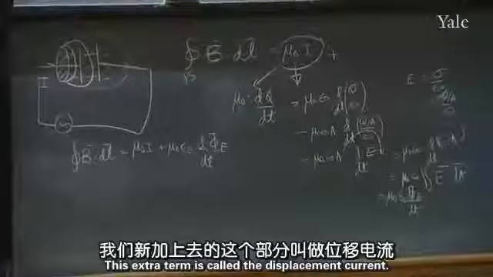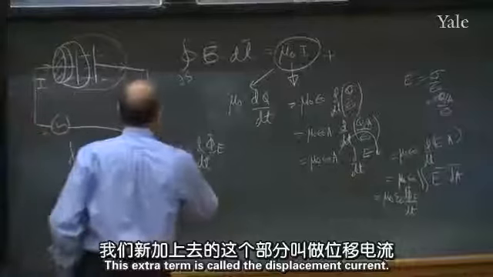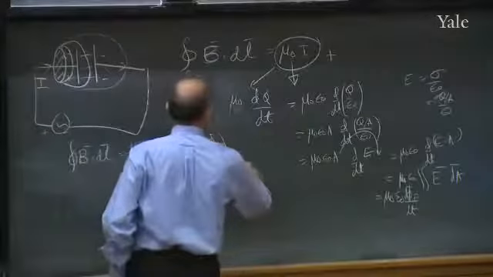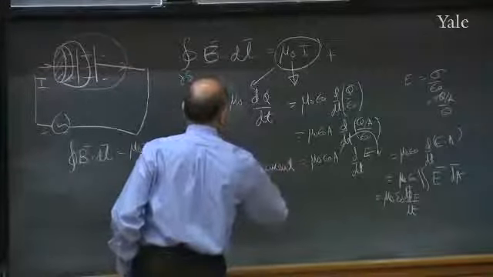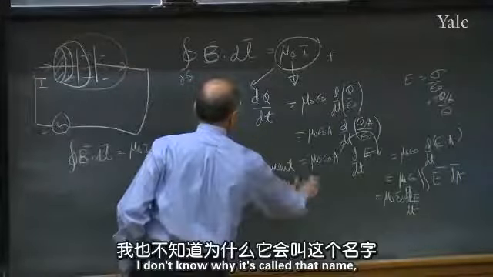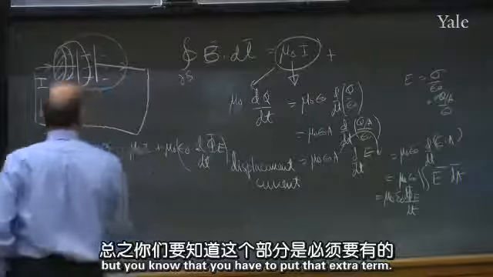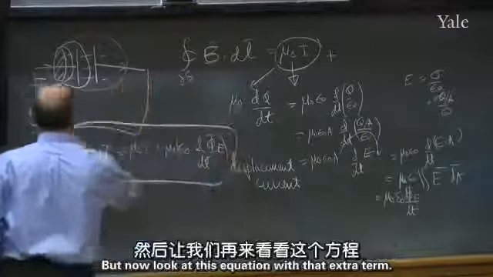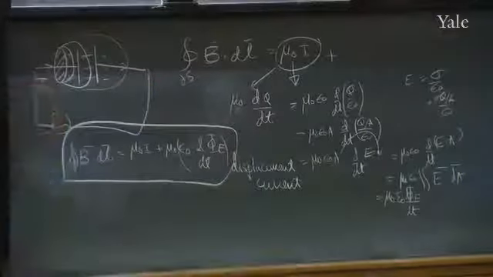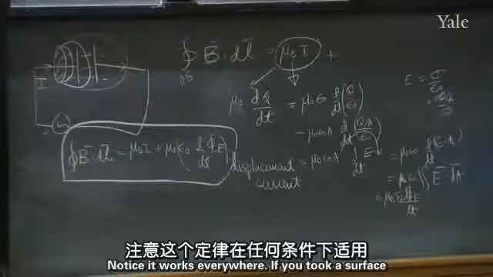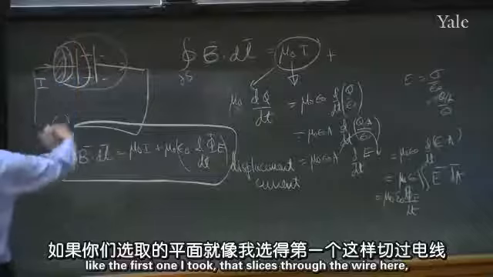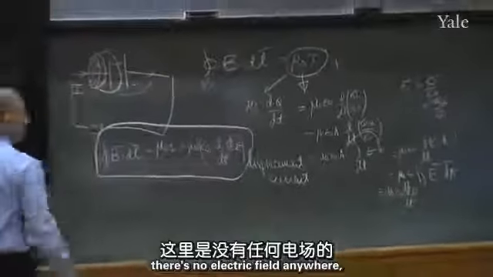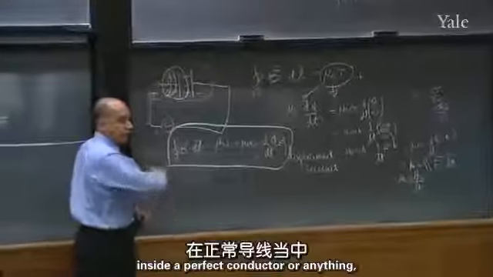This extra term is called the displacement current. You don't know why, I don't know why it's called that name, but you know that you have to put that extra term. But now look at this equation with that extra term. Notice it works everywhere. If you took a surface like the first one I took that slices through the wire here, there's no electric field anywhere inside a perfect conductor.